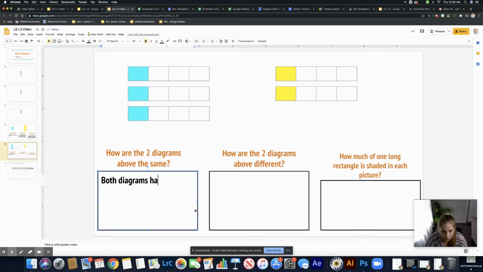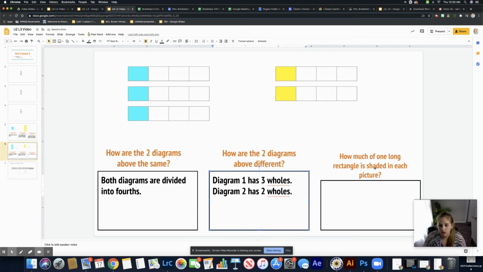Both diagrams are divided into fourths, meaning each whole is broken into 4 parts. How are they different? Diagram 1 has 3 holes. Diagram 2 has 2 holes.